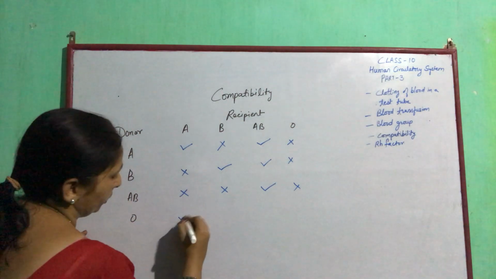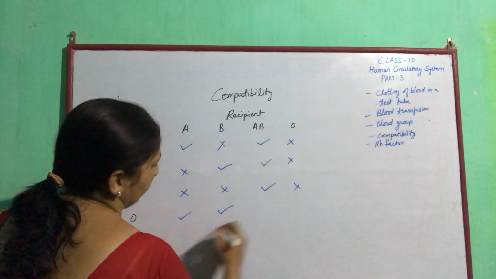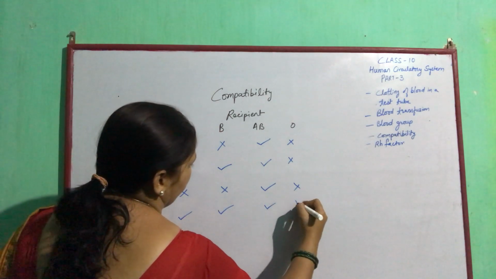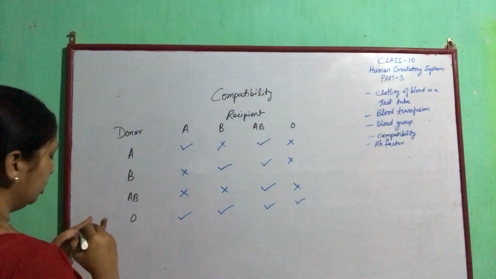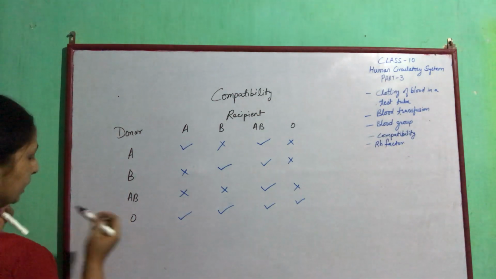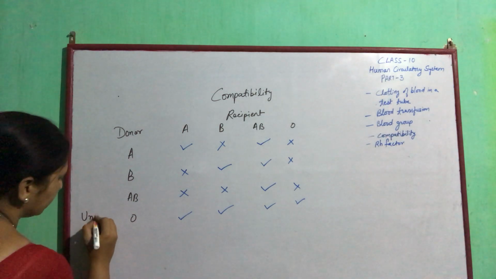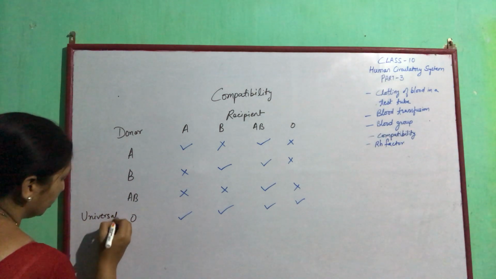O, it can donate to A, B, AB and O, all 4. So since it can donate blood to all 4, it is termed as universal donor.